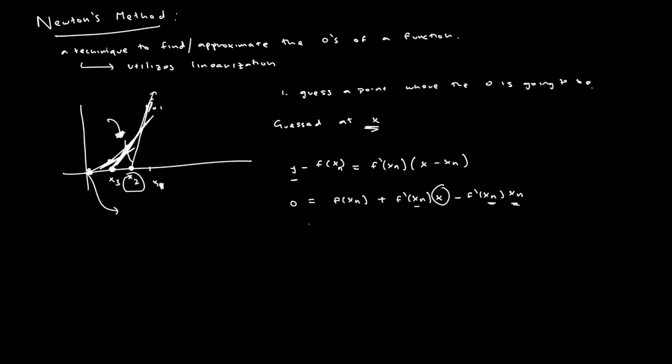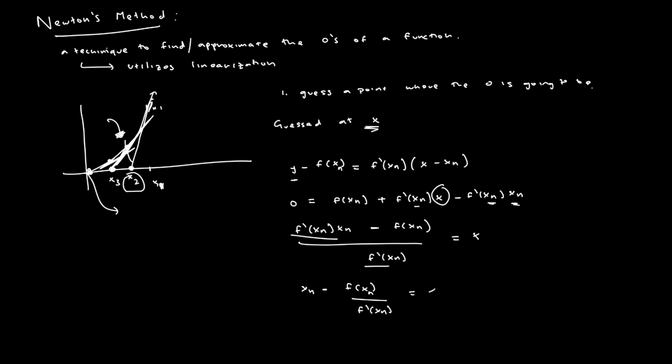And so solving for x, we get f prime of xn times xn minus f of xn, divided by f prime of xn, is equal to x. And so in this term, the f primes cancel out, so we get xn minus f of xn divided by f prime of xn is equal to, let's call this xn plus 1. And so that is our update rule.